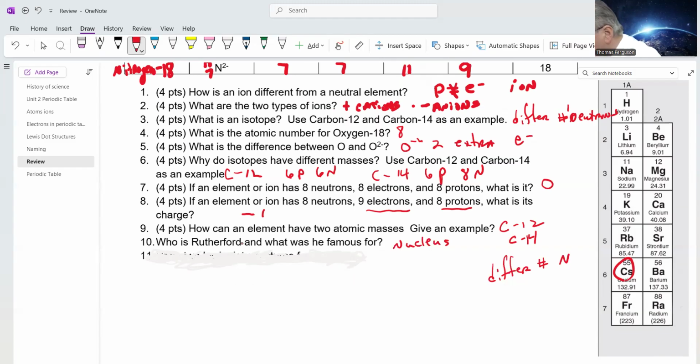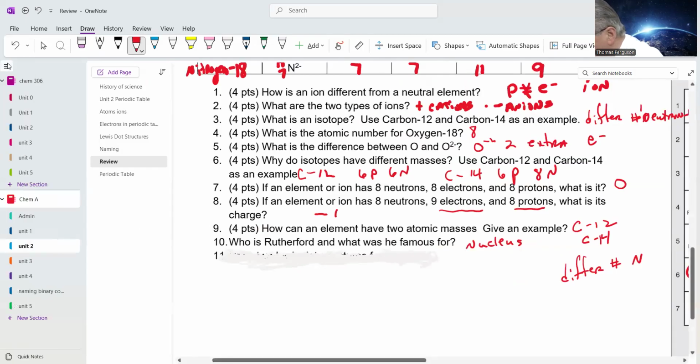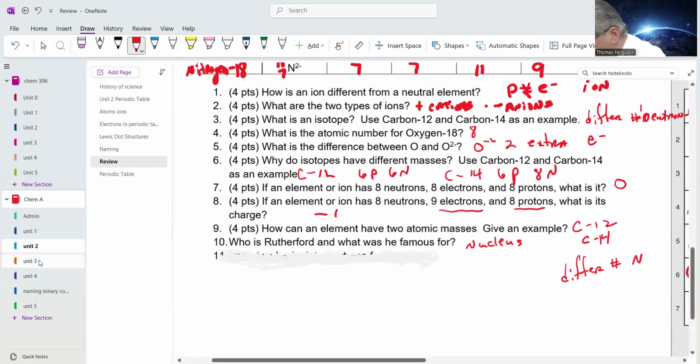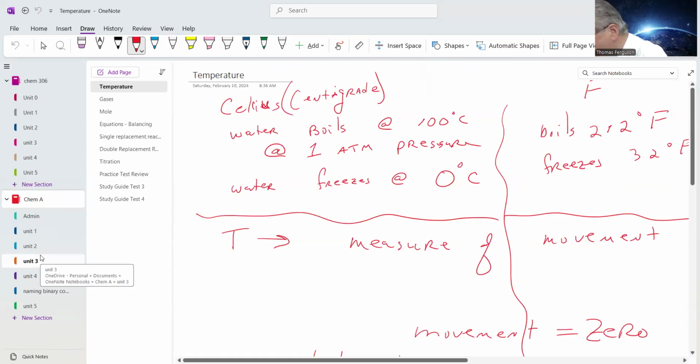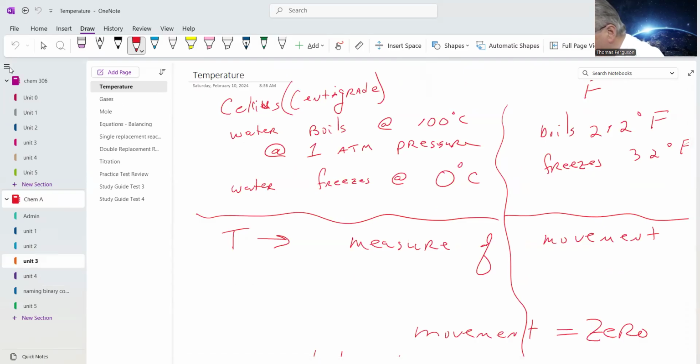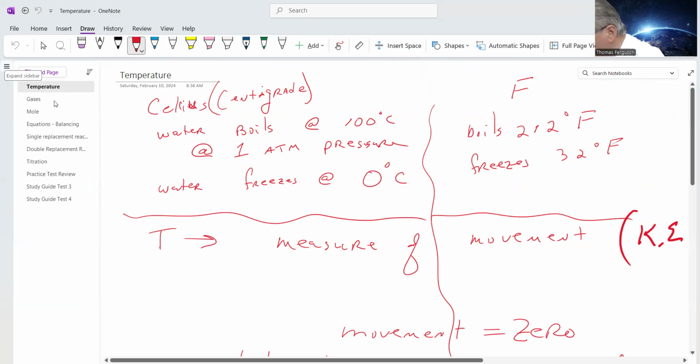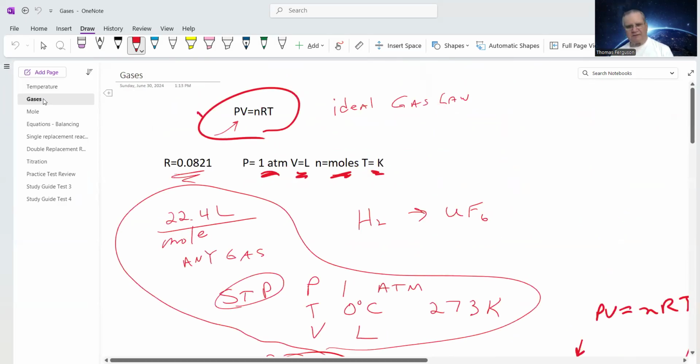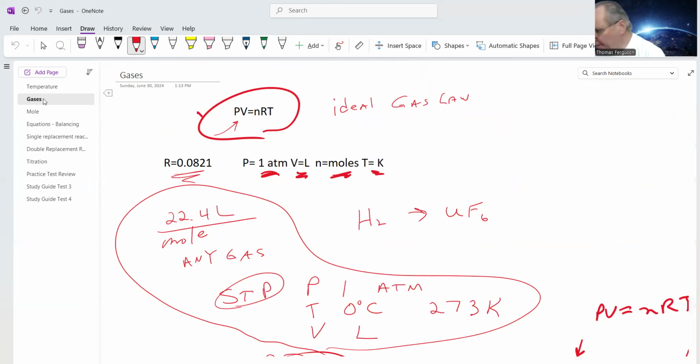Okay, let's go on here. Let's talk about gases. Let's talk about temperature first.